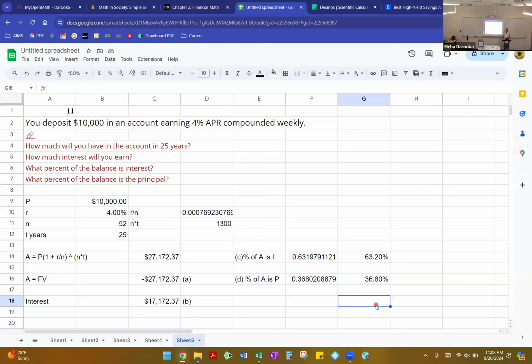Yes. Can you remind me for the A equals P parentheses, where do the 2 parentheses go? What you are using to calculate will depend on that. Are you using Desmos or Excel? Desmos.